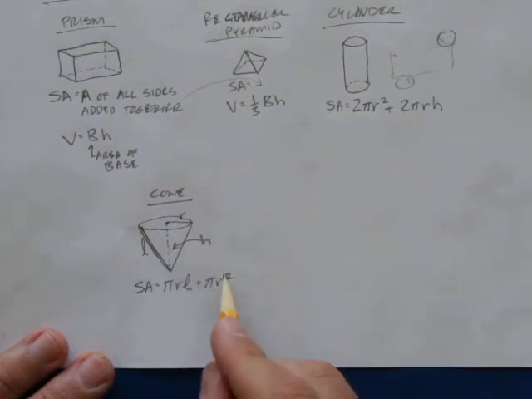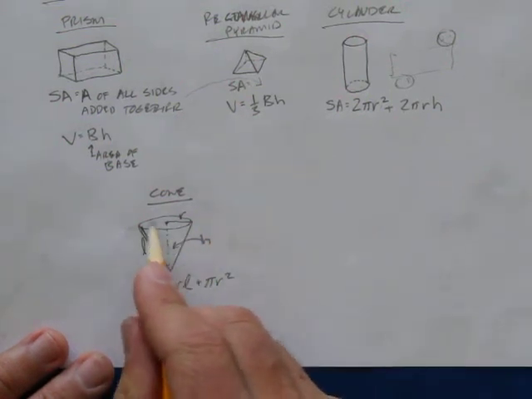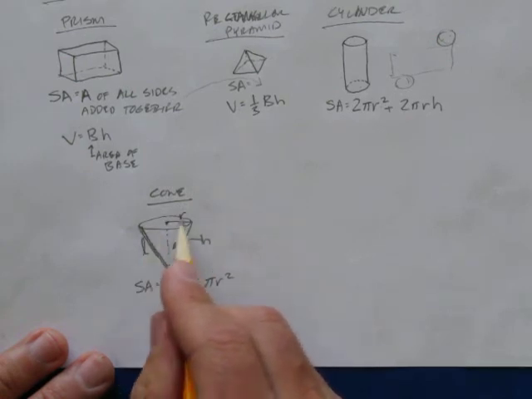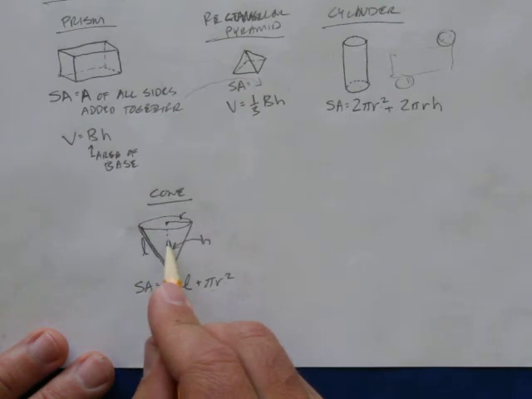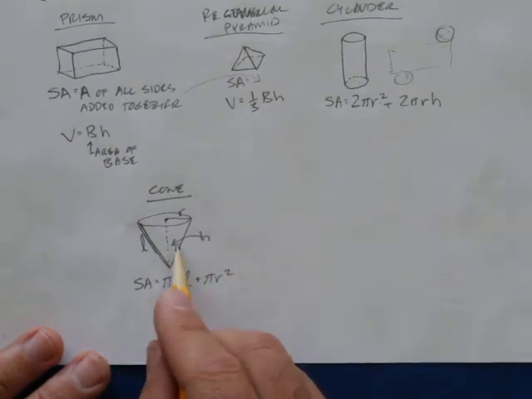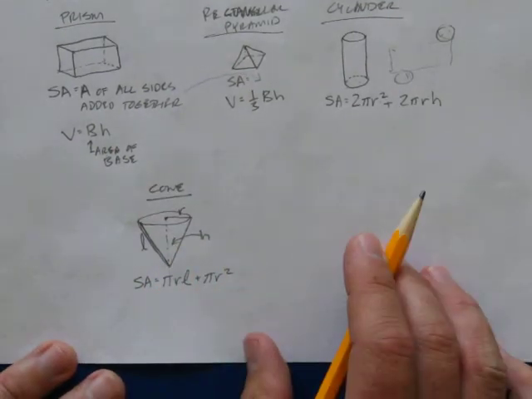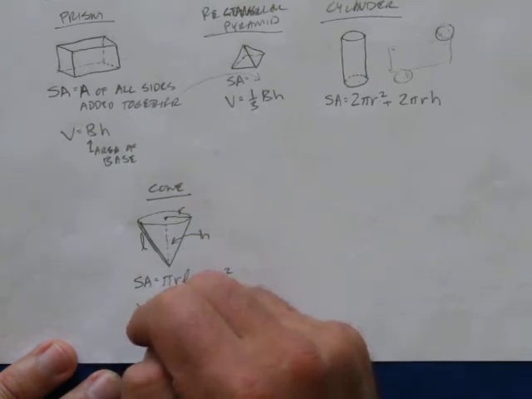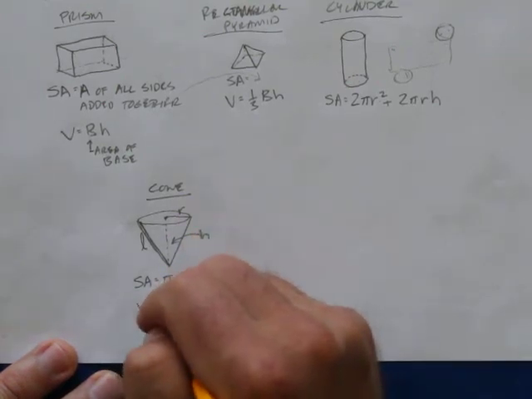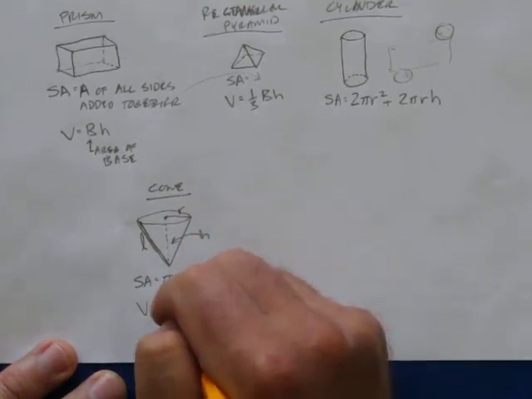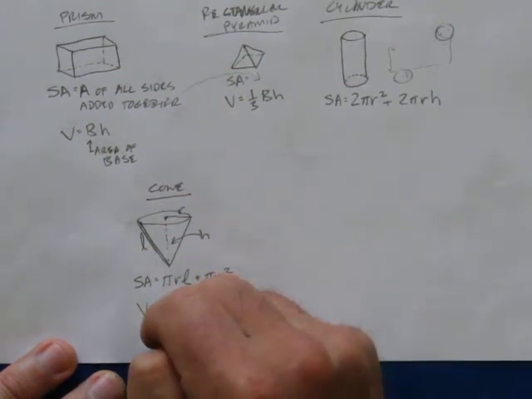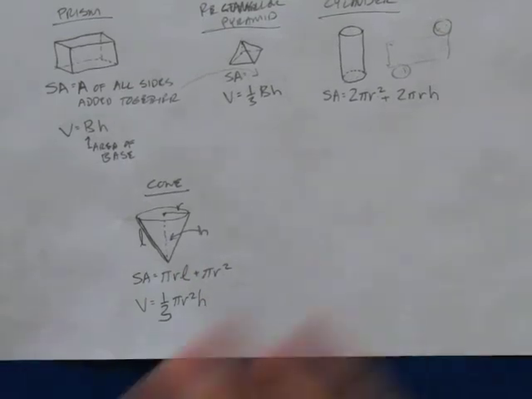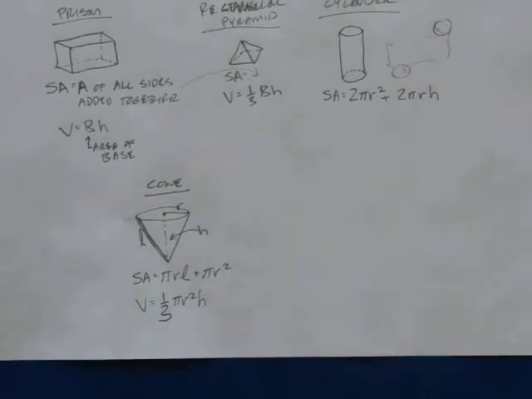So this pi r squared is the base, and then pi r l is the surface area of the cone part. The volume is 1/3 pi r squared times the height. Oops, I wrote 1/2, but it's 1/3. 1/3 pi r squared height.